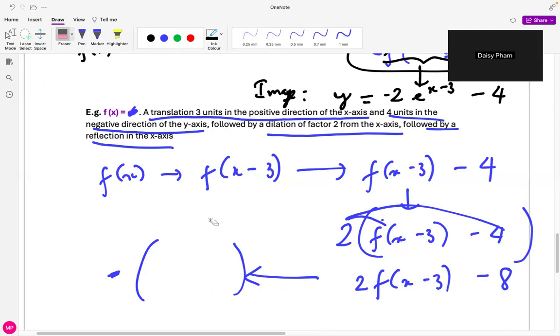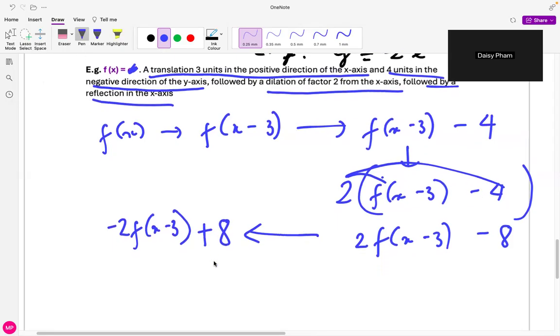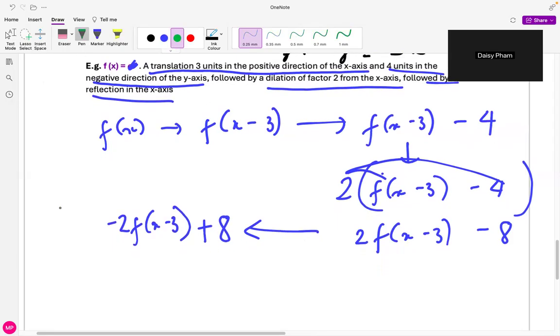So you would end up having negative 2 f of x minus 3. And you need to do the negative here as well. So it becomes plus 8. Right? So your image equation will be, now I put it back. So y equals e to the power of x. So the image will be y equals f of x minus 3, which will be e to the power of x minus 3, times negative 2, plus 8.